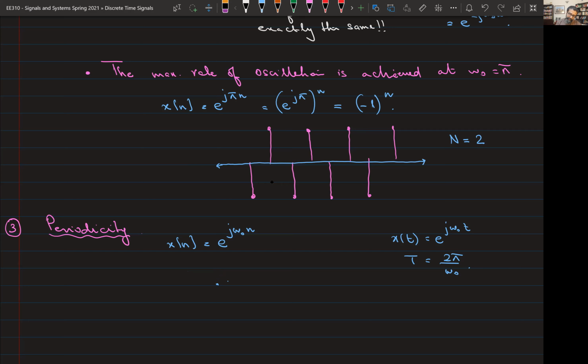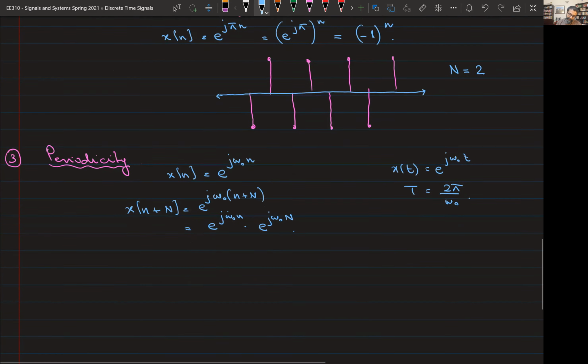Periodicity means, does there exist an integer capital N such that x of n plus capital N, which is equal to e raised by j omega naught times n plus capital N, which is equal to e raised by j omega naught small n times e raised by j omega naught capital N. So when is this equal to x of n for all n? When e raised by j omega naught capital N is equal to 1.